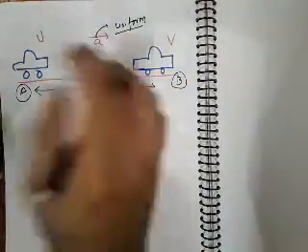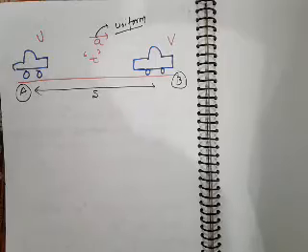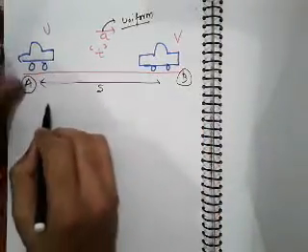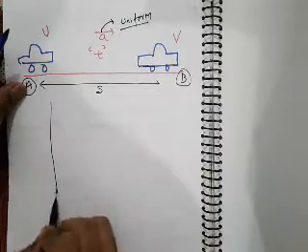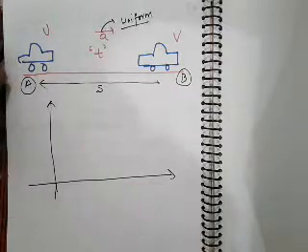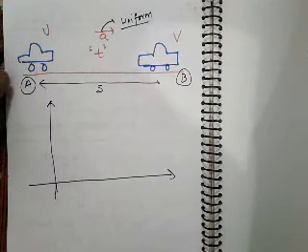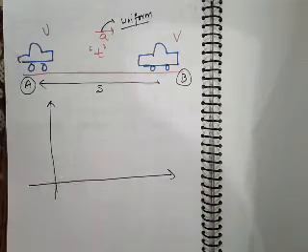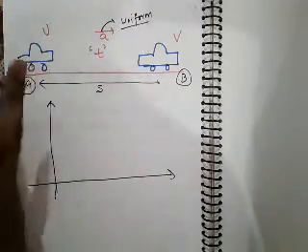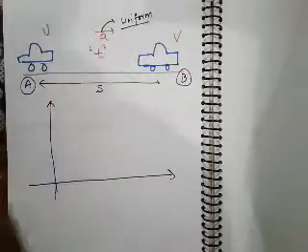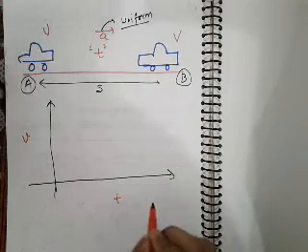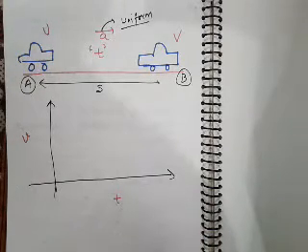Okay, now we are going to plot a velocity time graph. On the y axis I am going to take velocity, and on the x axis I am going to take time. The graph will be the same for all three equations of motion, but the process varies from first to third. So on the y-axis velocity is there, and on the x-axis time is there.